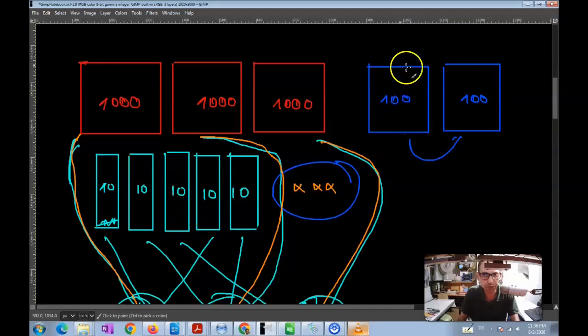When I put 10 groups of 10 together, it becomes one of these 100 groups, right? So I will simply break them up so that I can distribute them evenly among all of the three groups that I have, right?